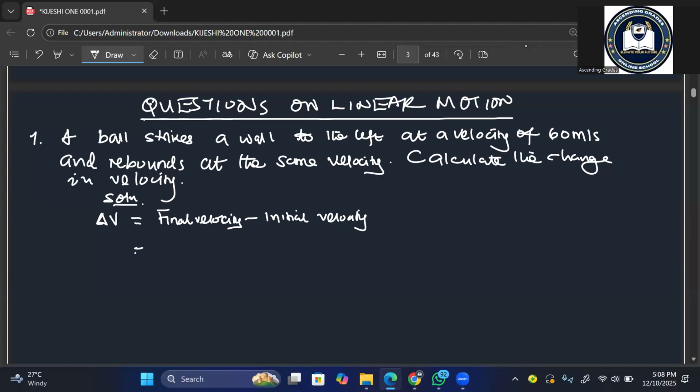So our final velocity will be 60, then we minus our initial velocity. If this is the wall, and the body was moving towards the left, then it means that it was taking a negative value of velocity. So negative 60. Then this one is going to give you 60 plus 60, and this is 120 meters per second.